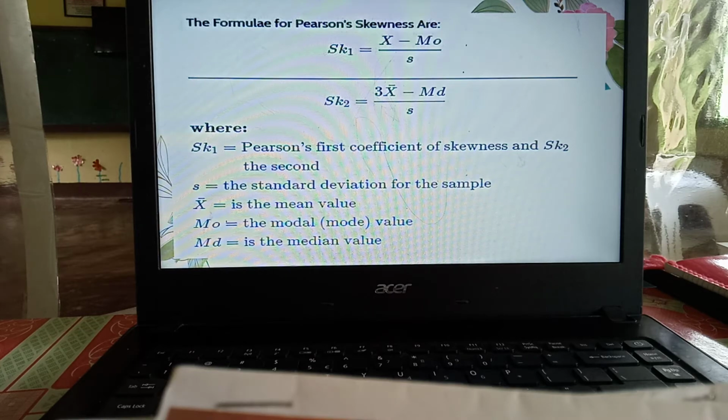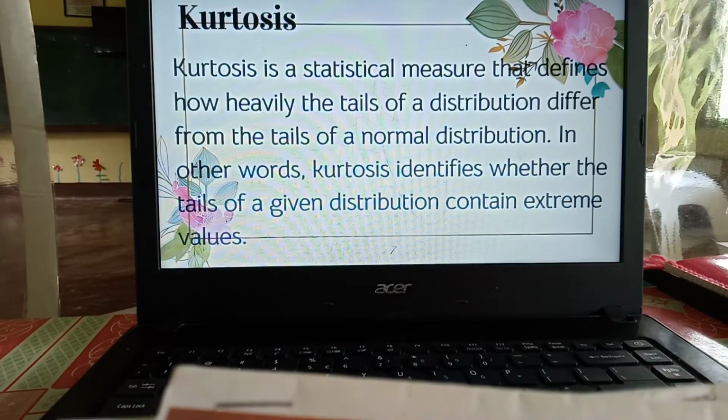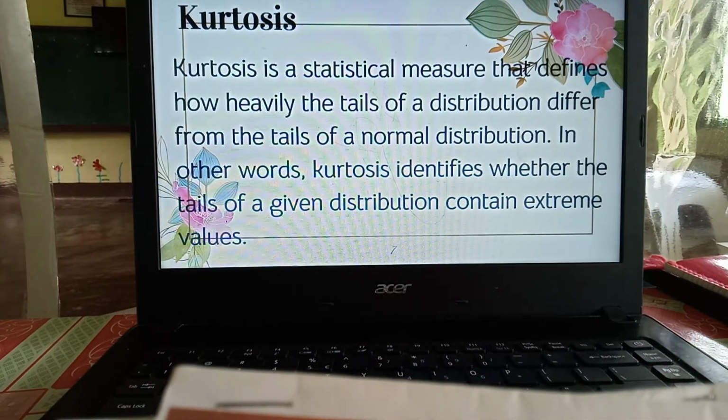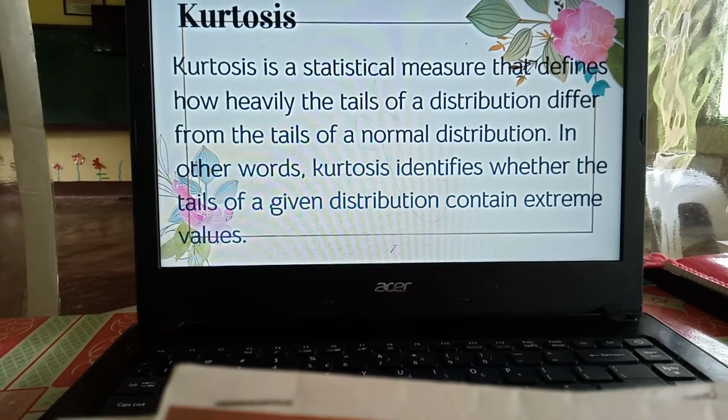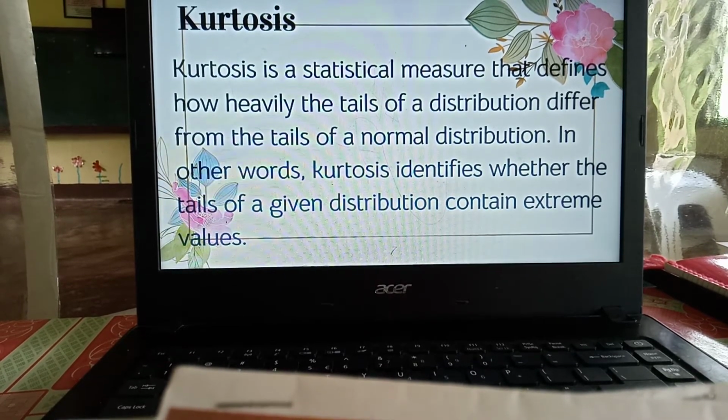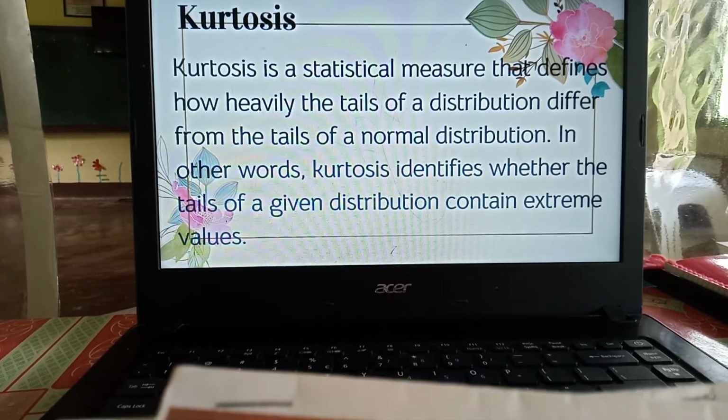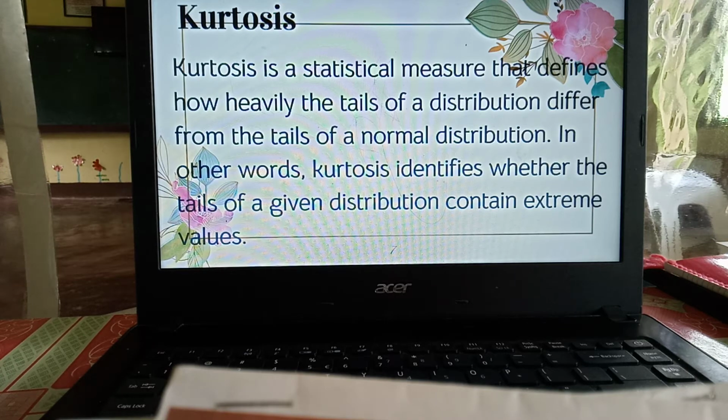Okay, since we are discussing kurtosis, the next topic is kurtosis. So what is kurtosis? Kurtosis is a statistical measure that defines how heavily the tails of a distribution differ from the tails of a normal distribution.